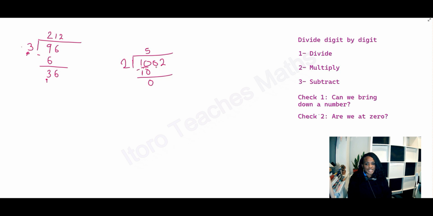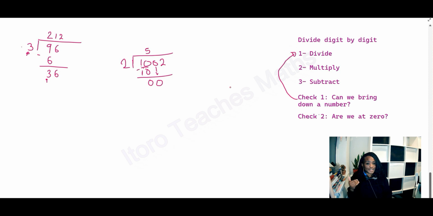And the answer is yes, we can bring down this number here, which is a 0. Now this looks really weird and this looks really odd, but because we brought down a number, just follow the steps that I've already said and just go with it, because if you've brought down a number, you must go back to step 1.